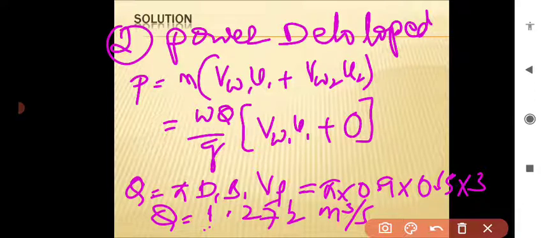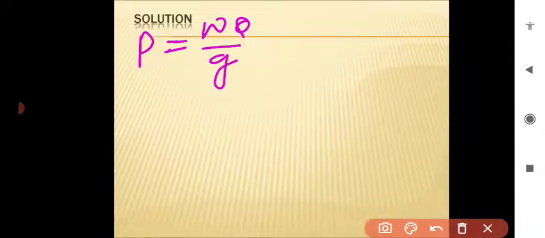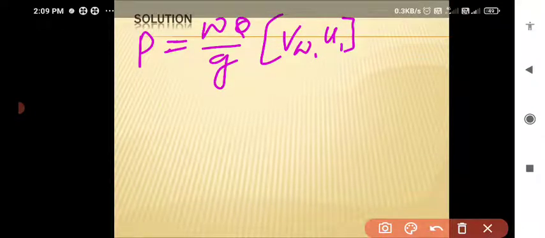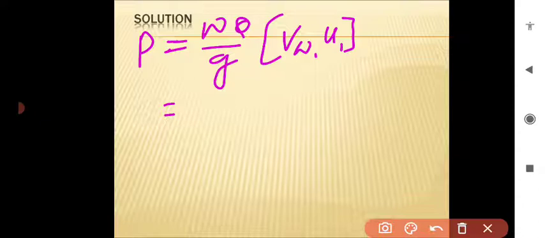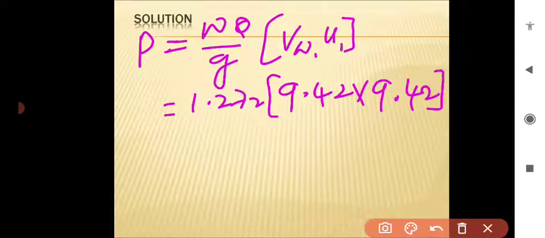Okay, substitute all these in the power equation. The power equation is wQ by g into Vw1 u1. Substitute Q equal to 1.272, Vw1 equal to 9.42, and u1 also equal to 9.42.